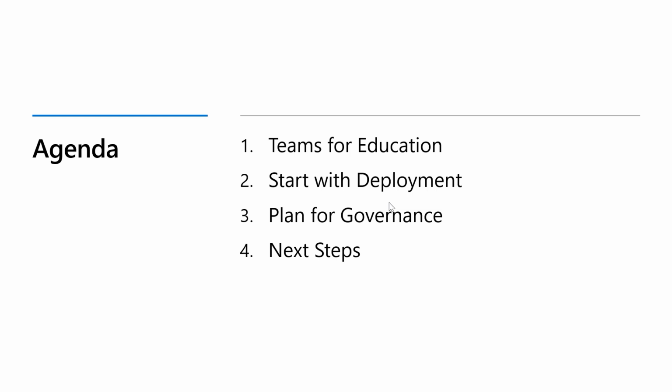After that, we're going to talk a little bit about governance, and governance really looking at the different rules, the settings that you have available to control your Microsoft Teams for Education environment. What are some of the best practices?